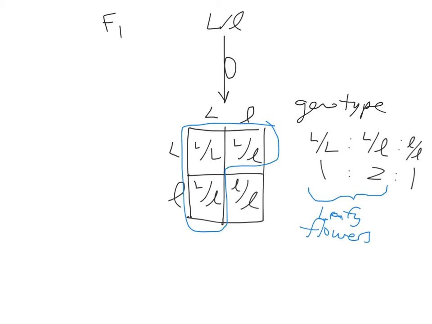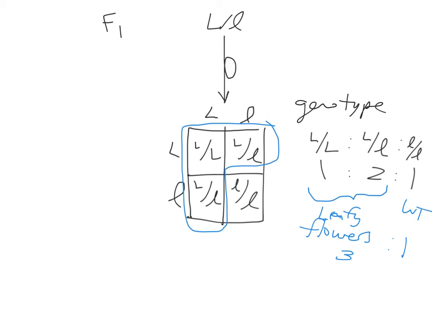And that's the sum of that 1 and 2. Okay. So that gives us 3. And then you get 1 individual that's wild type. So you get a 1 to 2 to 1 genotype ratio.